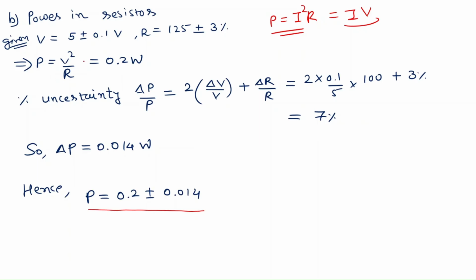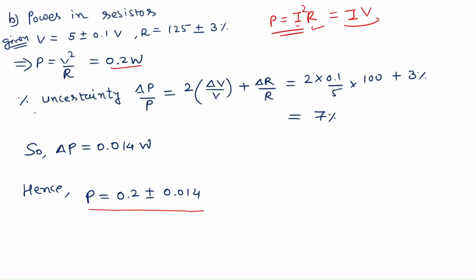Here we have the values of V and R, so we use this formula. But if we have resistance and current, then we use the other formula, or if we have voltage and current, we use that one. Okay, put V square, 25 divided by 125, and you get the result 0.2. Okay, this is the absolute result.